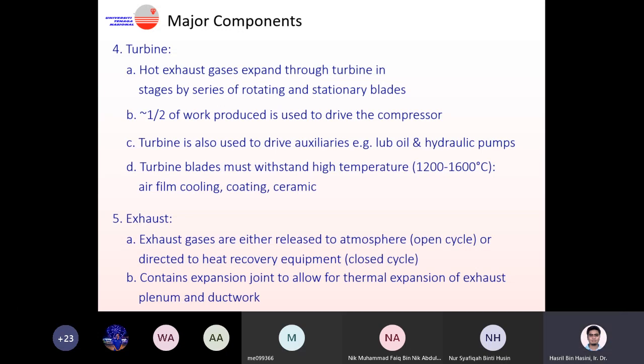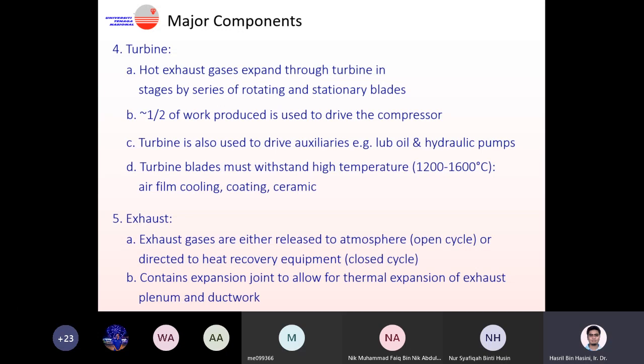And then the turbine is actually experiencing the hot exhaust gas. The combustor contains the combustion gas, and it flows directly to the turbine. So the first stage of the blade for a turbine has to be strong enough to withstand the high temperature of the combustion gas.